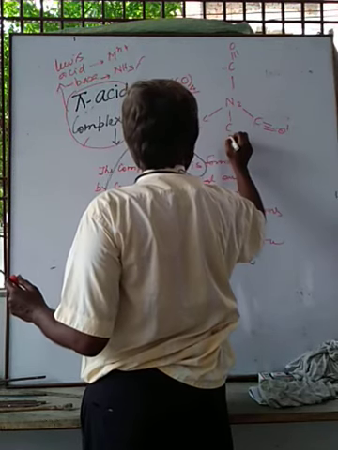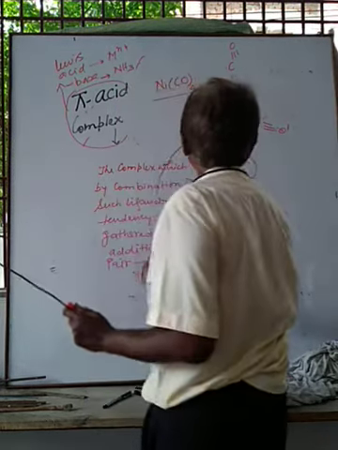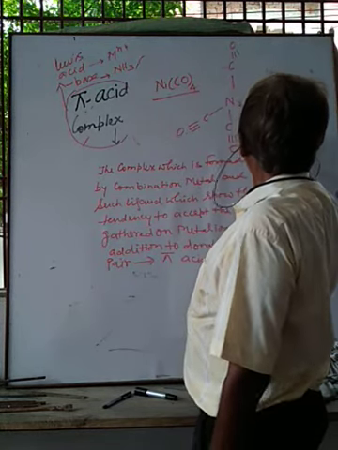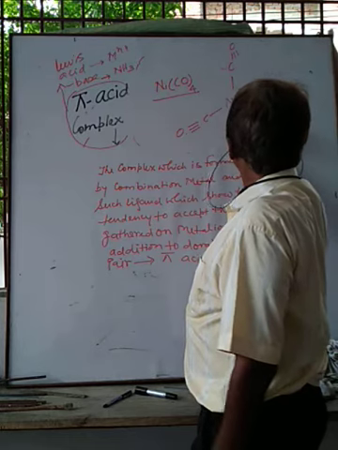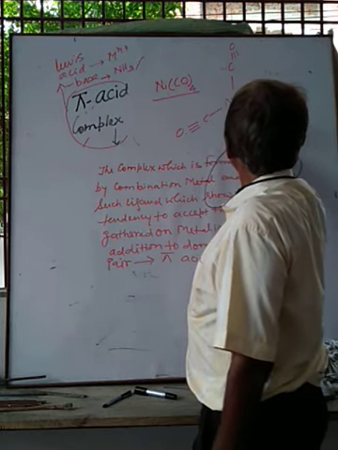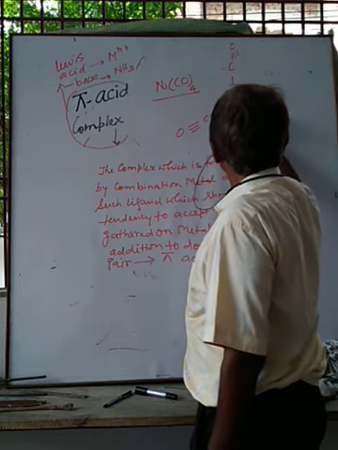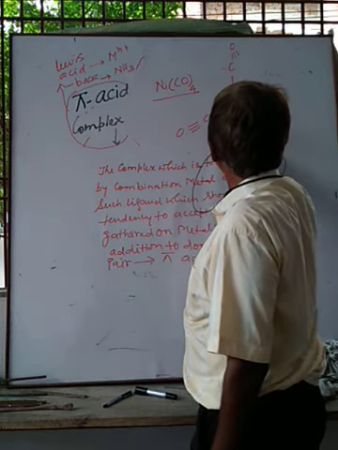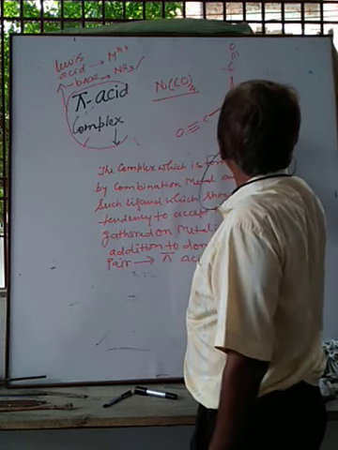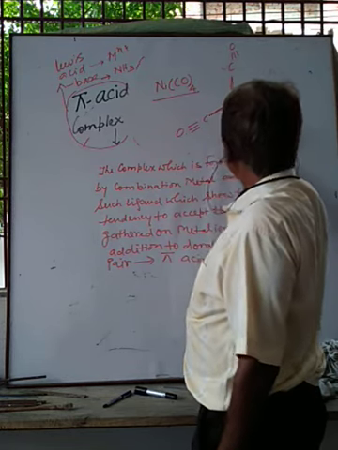So carbon monoxide donates its electron to nickel.